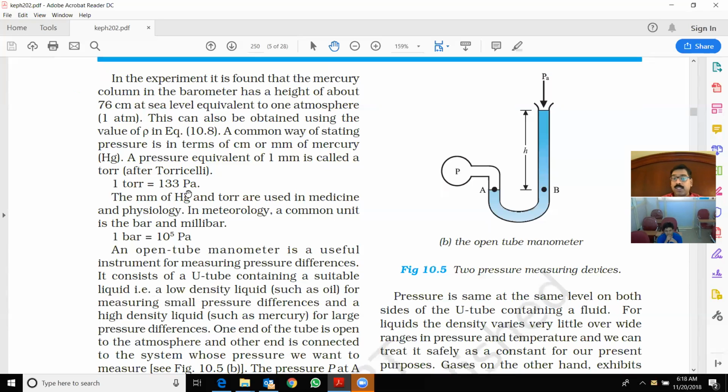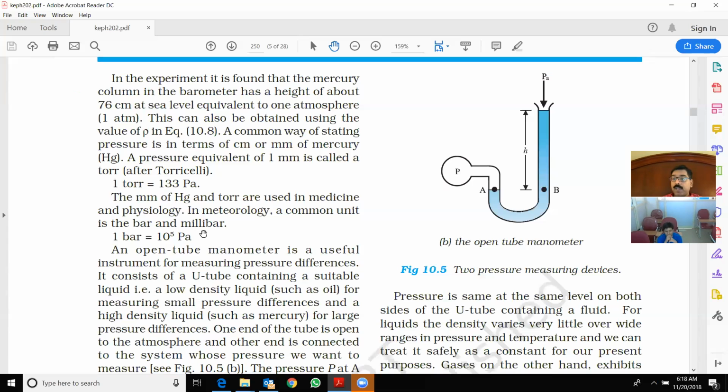There is another unit that you should remember, which is very common in medicine and physiology, called bar and millibar. 1 bar is equal to 10 to the power 5 Pascal.